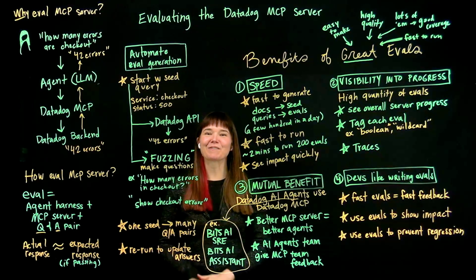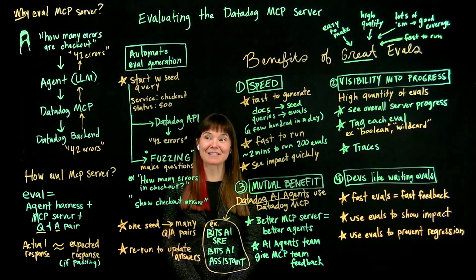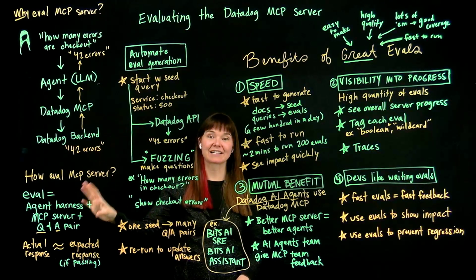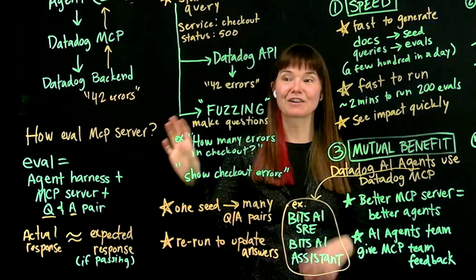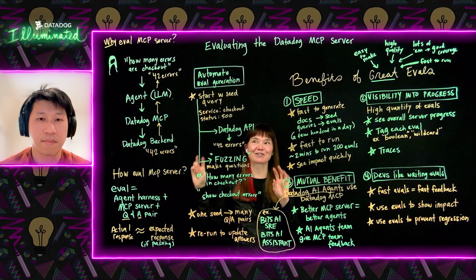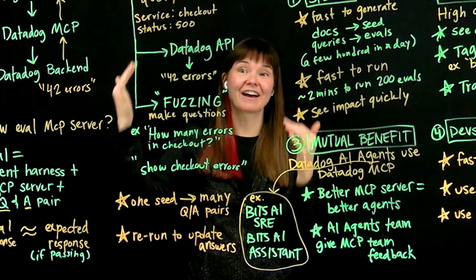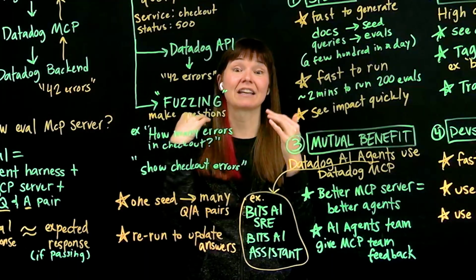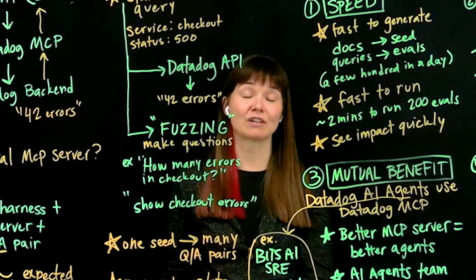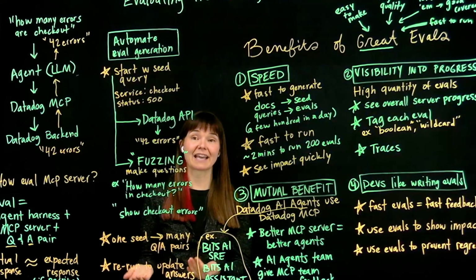We've gone over evaluating the Datadog MCP server, so kind of why, but also how it works exactly. And it seems like your team has solved a unique, or you said controversial, problem of automating evals, which makes it so that you can create a large volume of them and that they're easier to maintain. You can rerun to update the answers.